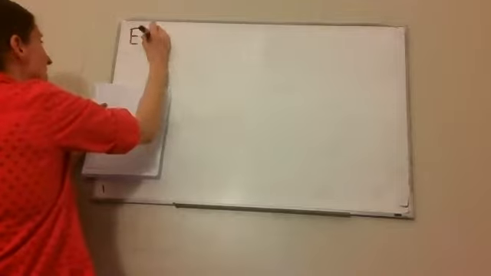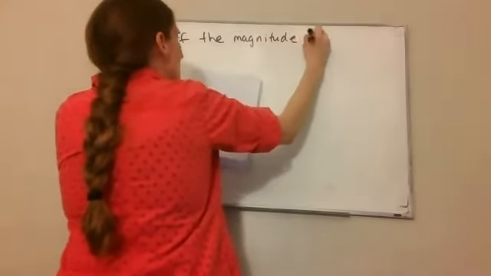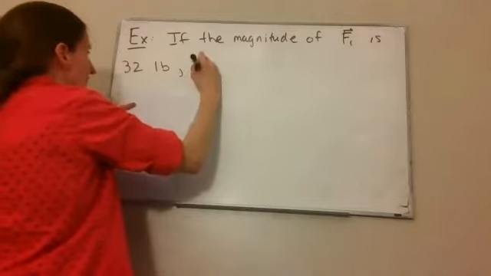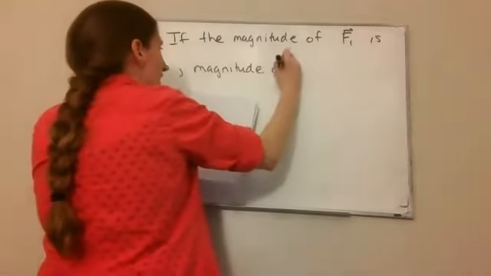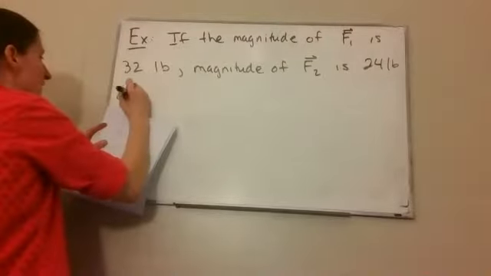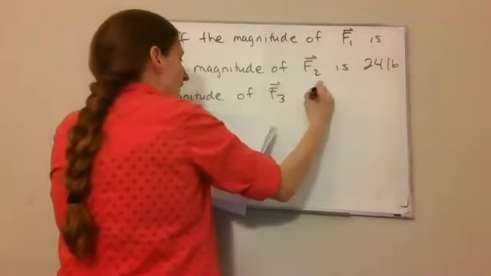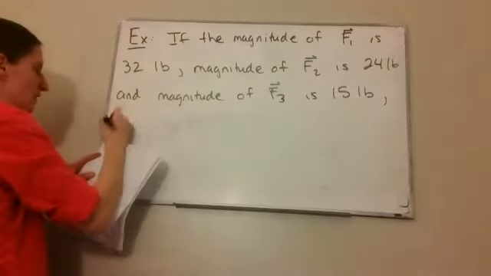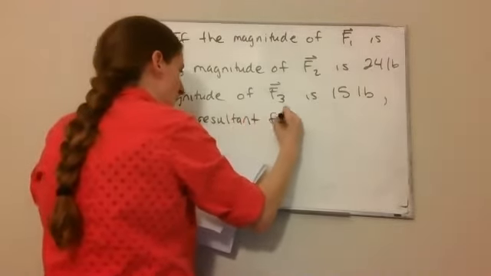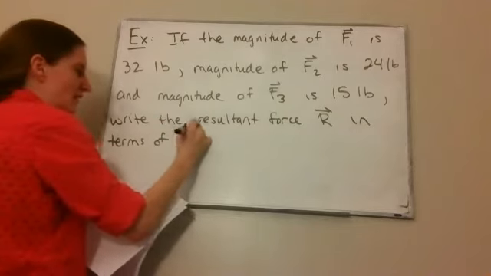So this next example, if the magnitude of F1 is 32 pounds, the magnitude of F2 is 24 pounds, and the magnitude of F3 is 15 pounds, write the resultant force, R, in terms of i and j.